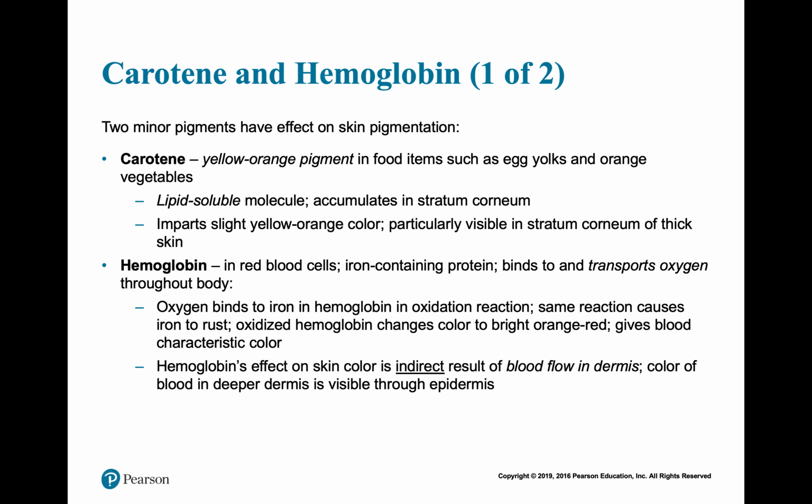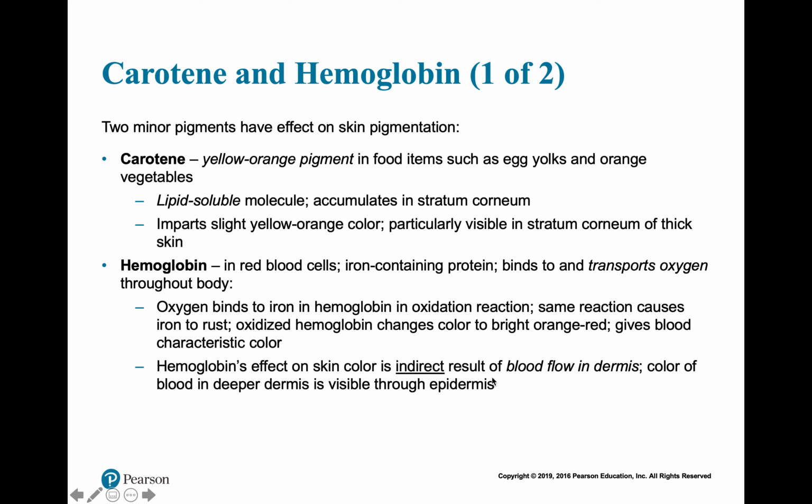And so local blood flow effects can change skin pigmentation. For example, it says hemoglobin's effect on skin color is indirect. It's an indirect result of blood flow in the dermis. So if you have increased blood flow in the dermis, say when you're exercising, you may look more red, right?